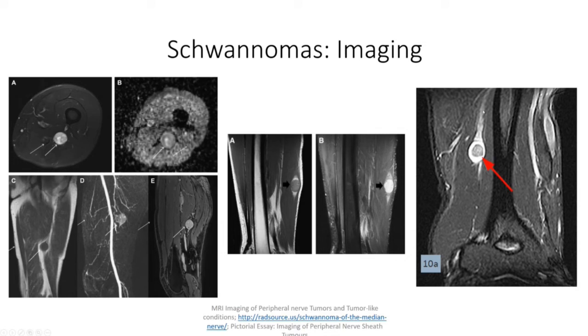Then, of course, proximal to that, you can actually see the nerve itself. So these are a few hallmarks of schwannoma imaging. And truthfully, you can see a lot of these things with neurofibroma imaging as well.